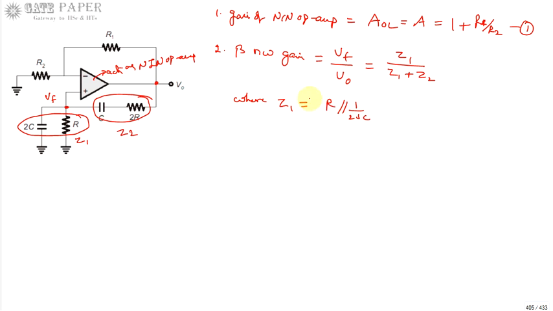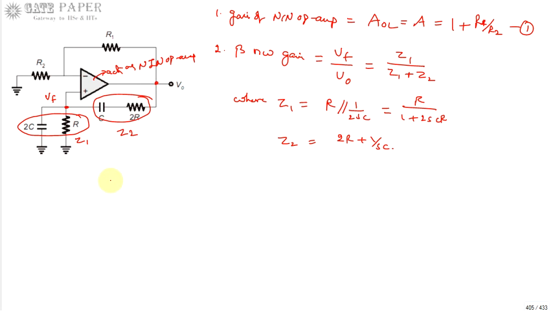In the Laplace domain, with 2SC and R1 parallel R2, you can use a formula. After simplification, this becomes R by 1 plus 2 times SCR. This is what you will get for Z1, and Z2 is equal to 2R plus 1 by SC.